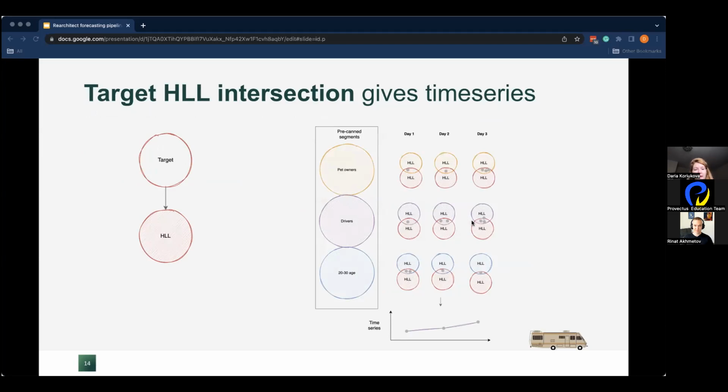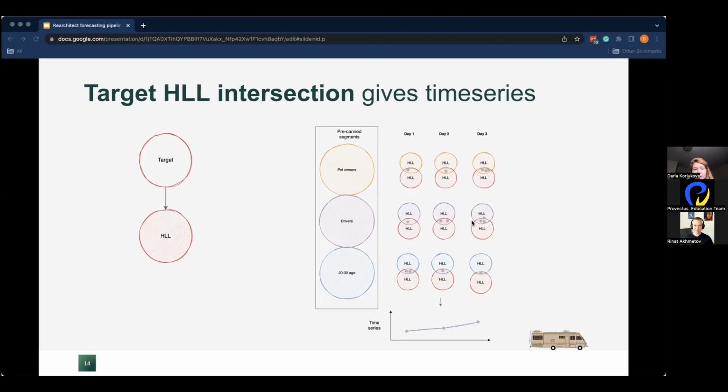So let me dive into the next slide, which probably makes more sense. We are getting the target ad hoc. We don't have it beforehand. Then we start generating an HLL from this target, and it really takes just a few seconds. But as you remember, for the ML job we would need something that has a time series attached, some metric that we collect on a daily basis. That's why we collected the HLLs of our precanned segments daily.